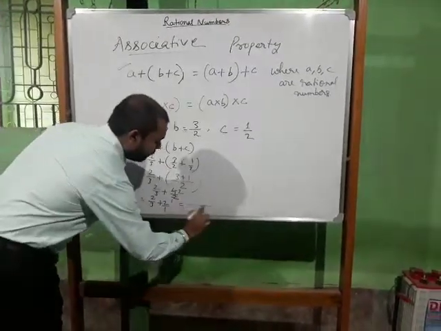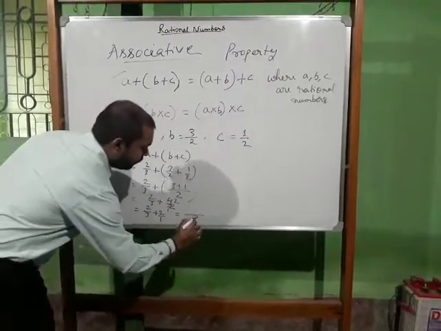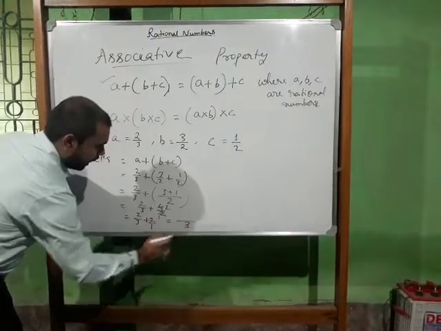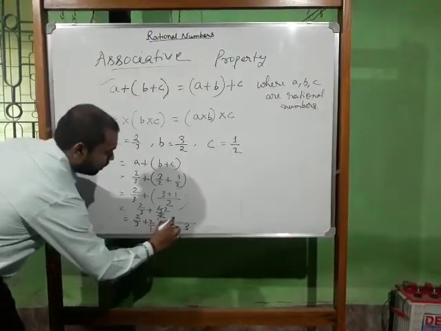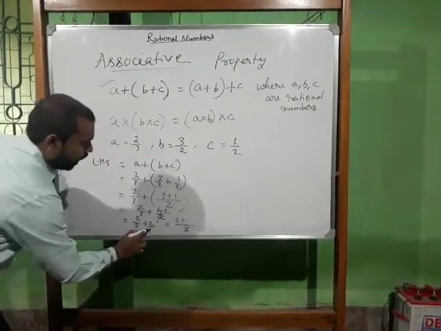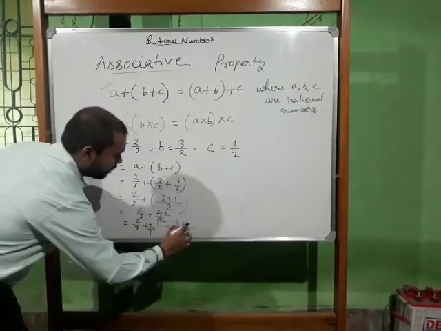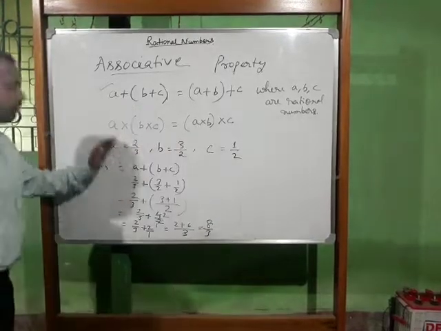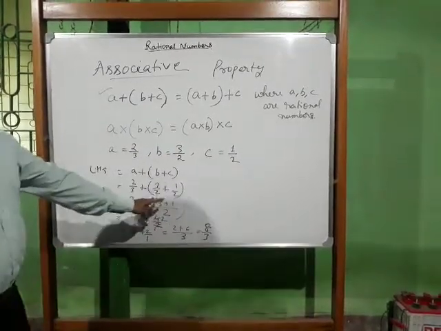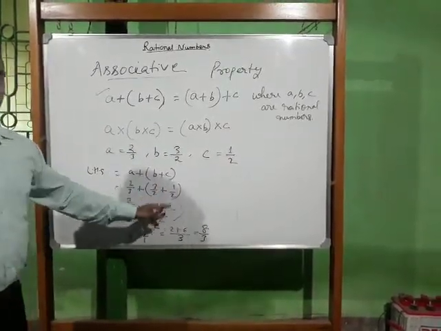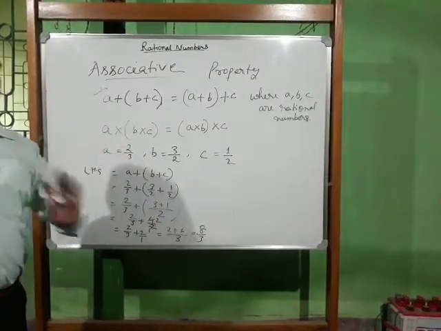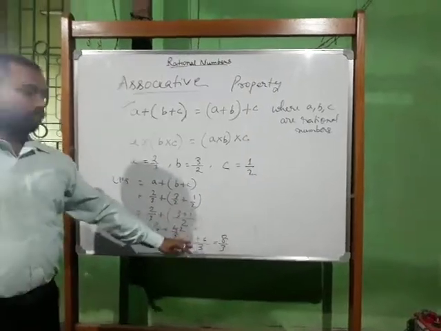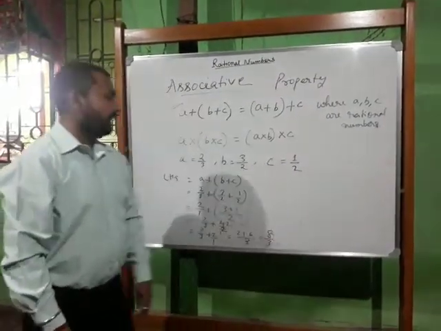So again you take LCM, 3 and 1, LCM will be 3, so it will be 6 plus 2, 8 by 3. I hope at least how to add two rational numbers, that is two fractions, is clear to you because it was there in the last year, how to add two fractions by taking LCM. So you see in the left hand side 8 by 3 has come.